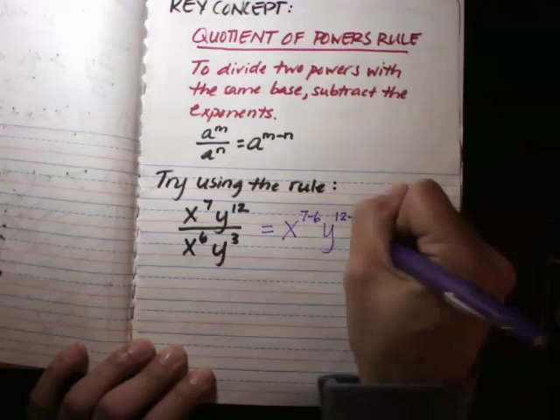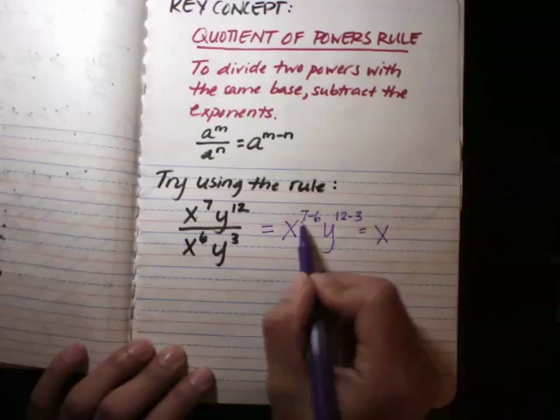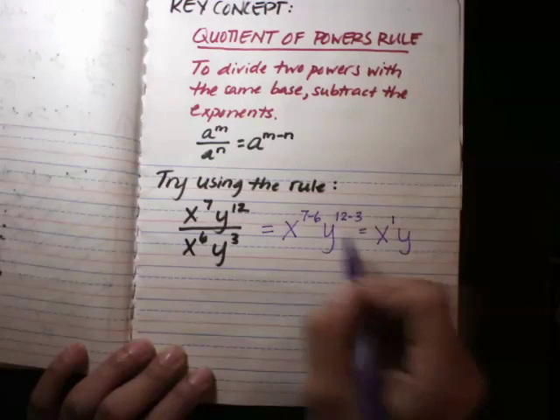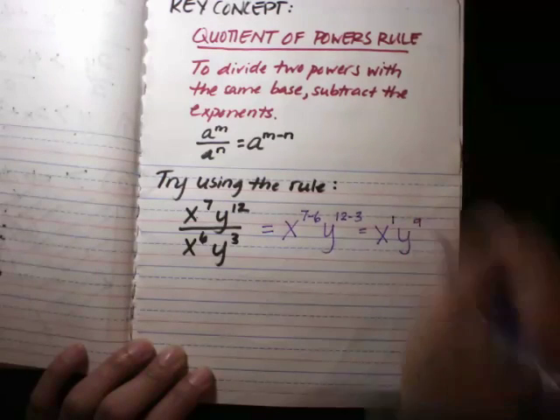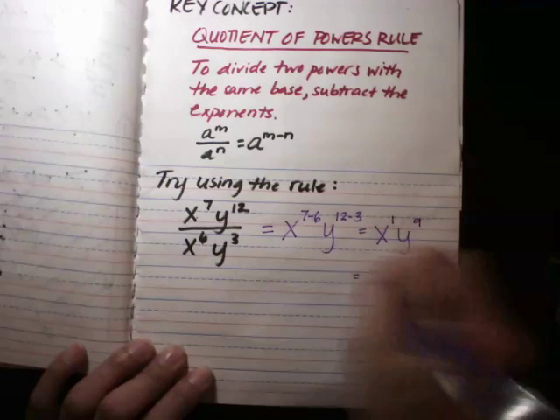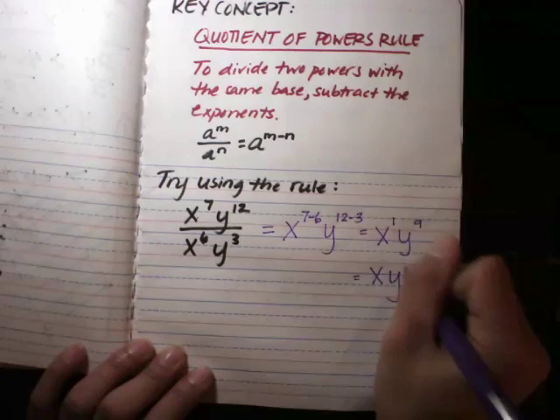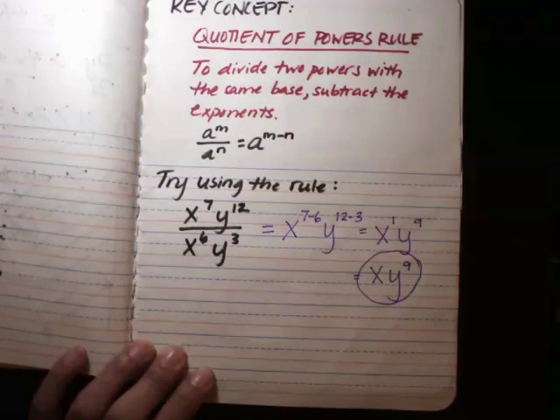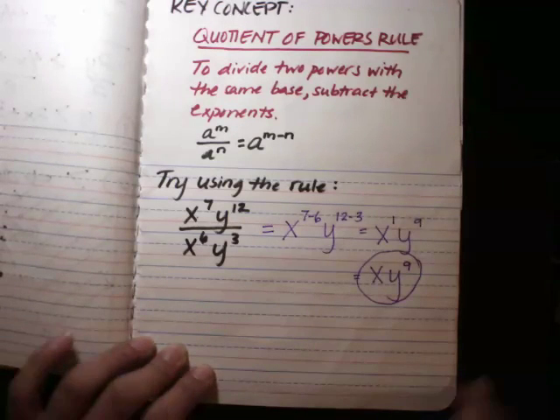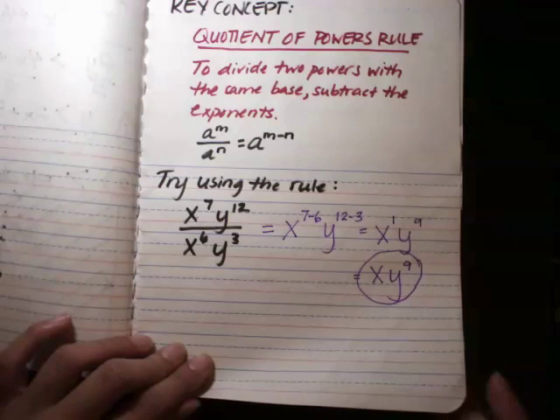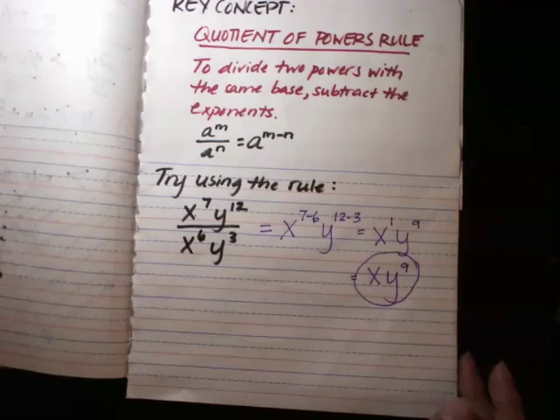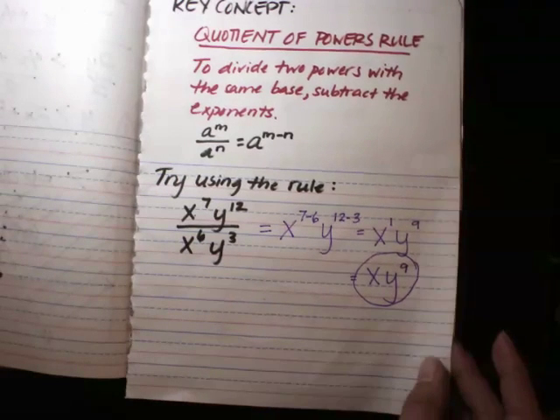Our answer then will be x to the 7 minus 6, which is 1, and y to the 12 minus 3, which is 9. You could also just write this as x times y to the 9. So using the rule is really simple. Just subtract the exponents.